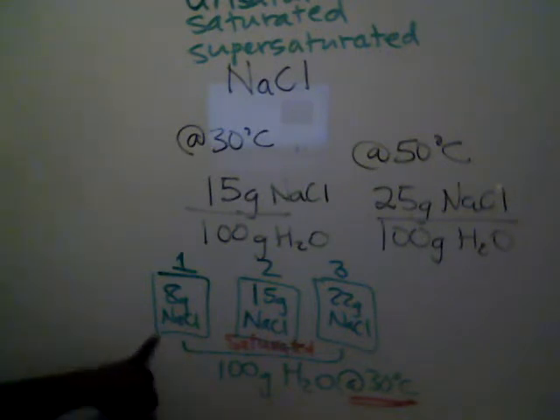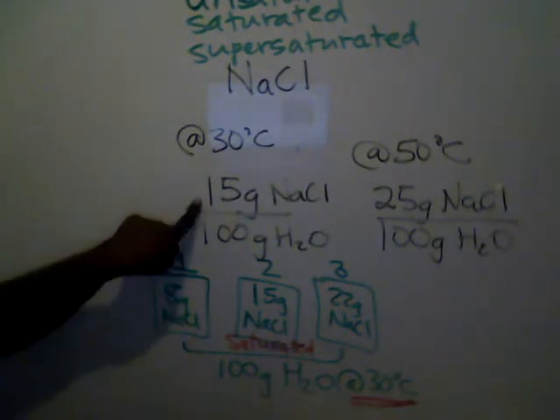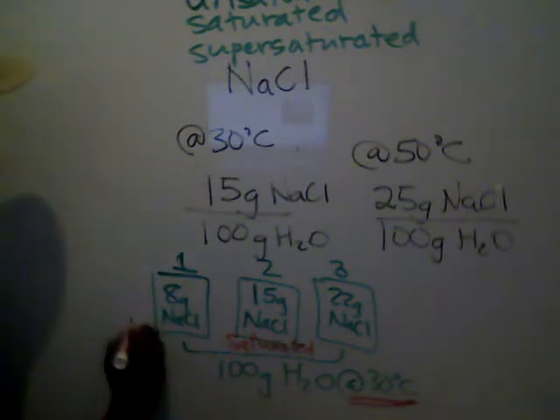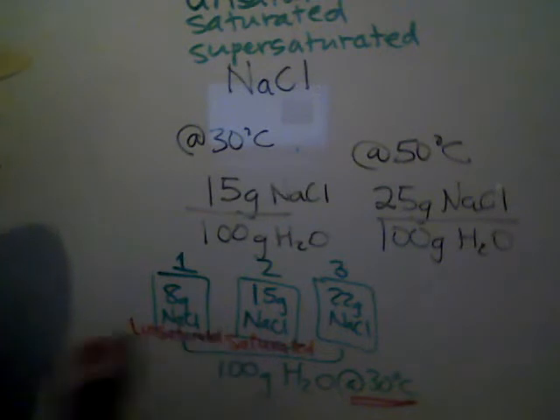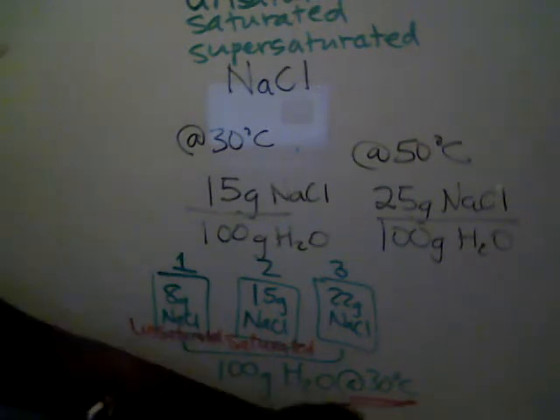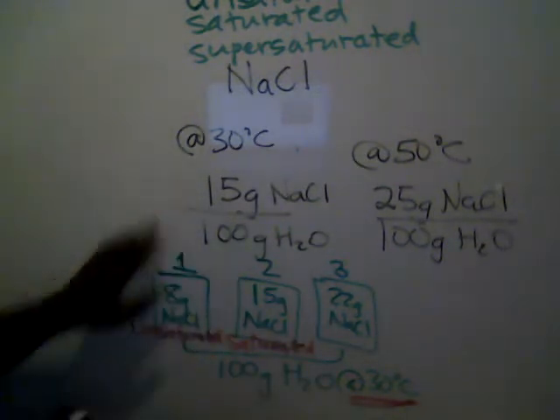This guy here, we didn't add as much as we could. We could have added 15, we only added 8. This is unsaturated, meaning we could add more solute. Based off of 30 degrees, we predicted we should be able to do 15, we only added 8.